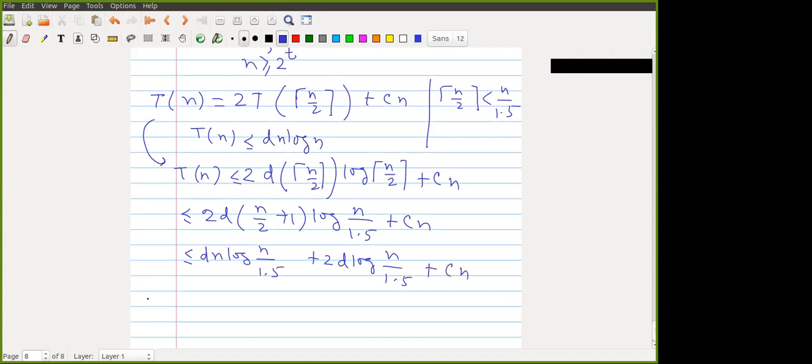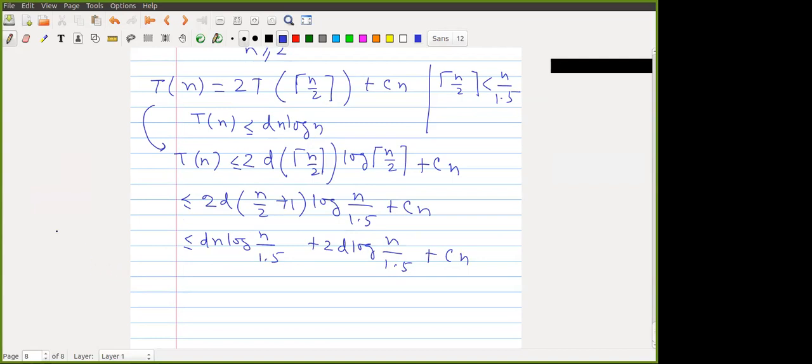Doing this once more, this is less than or equal to dn log n minus dn log 1.5 plus 2d log n by 1.5 plus cn.